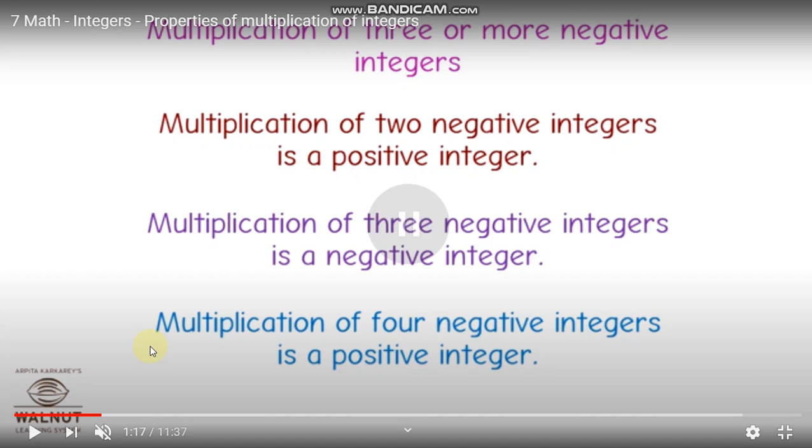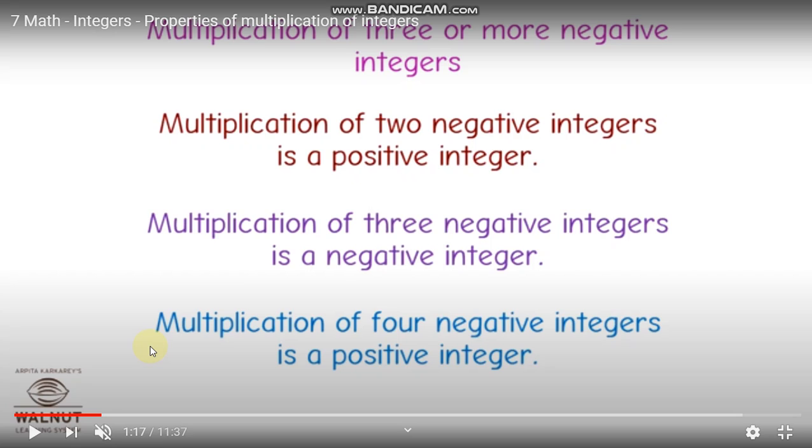How? For example, minus 2 into minus 3 is plus 6, minus into minus is plus. Again, we multiply by another number, for example, minus 2 again. So 6 into minus 2 gives a negative number.